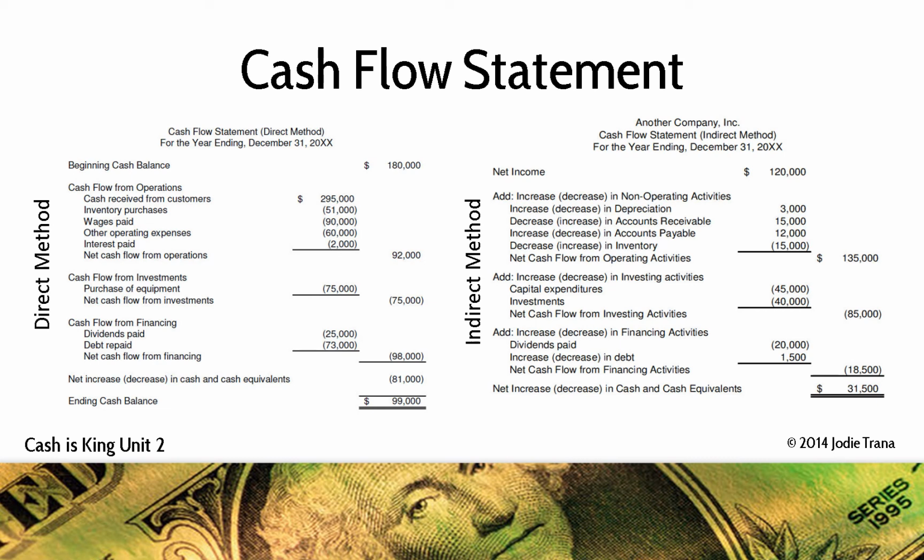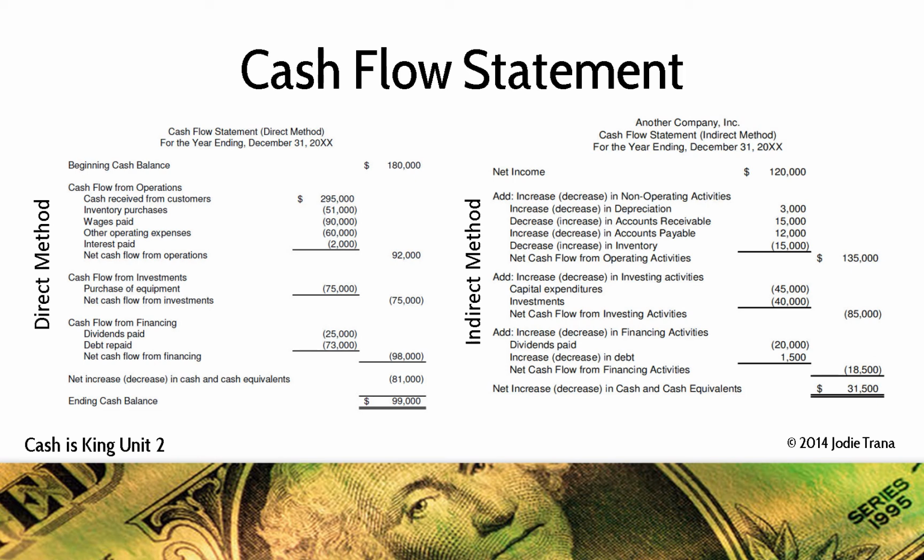An increase in one account causes an addition to cash, while an increase in another account causes a decrease in cash. It can also be difficult to see correlation between the indirect cash flow statement and the other two financial statements. Of these two statements, I prefer the direct method.